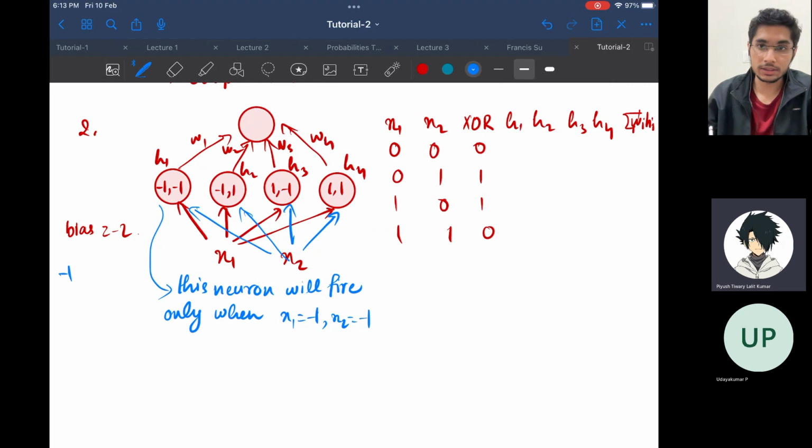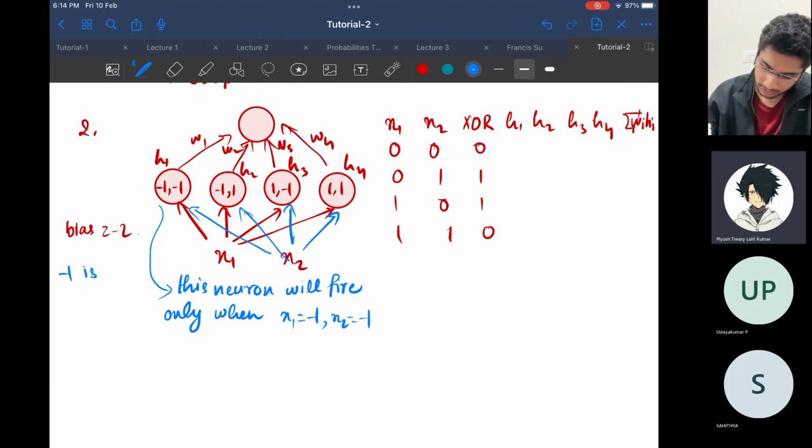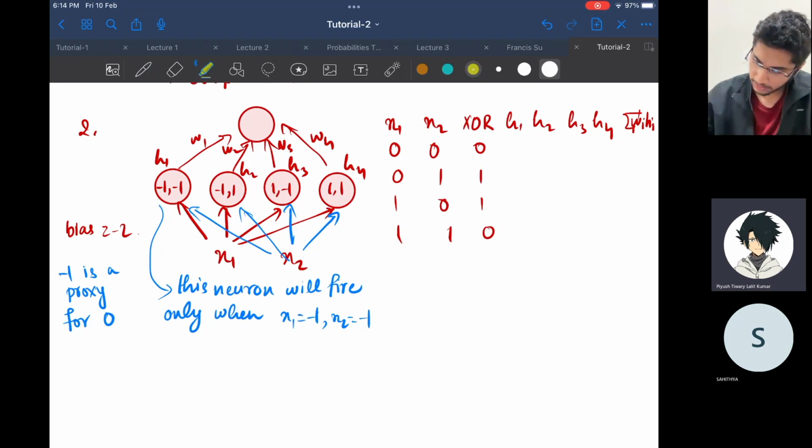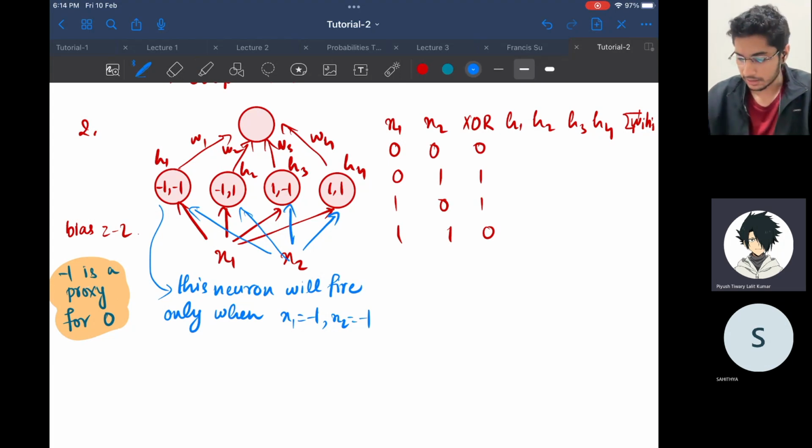Okay, people are joining. No issues. So -1 is a proxy for 0. This should be kept in mind while solving these problems. Instead of 0 we are using -1 as the symbol. It's just a convention. You could have done it with 0 itself, there's no issue, but for the sake of simplicity people use -1.